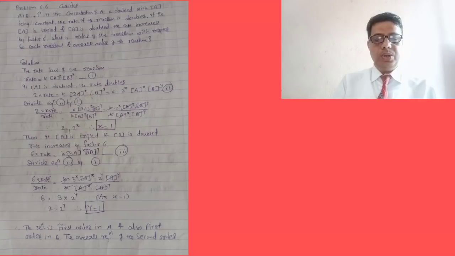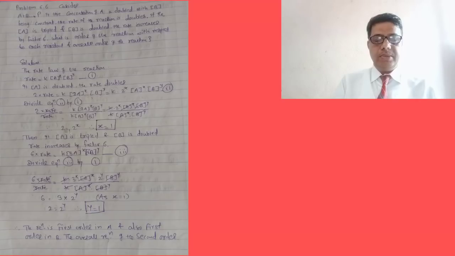We obtain 2 into rate upon rate, that is the left side of the first equation, is equal to K into concentration of 2A raised to X into concentration of B raised to Y upon the right side of equation first, that is K into concentration of A raised to X into concentration of B raised to Y. By solving this one, we obtain 2 is equal to 2 raised to X, that is, powers are the same as the bases are the same.